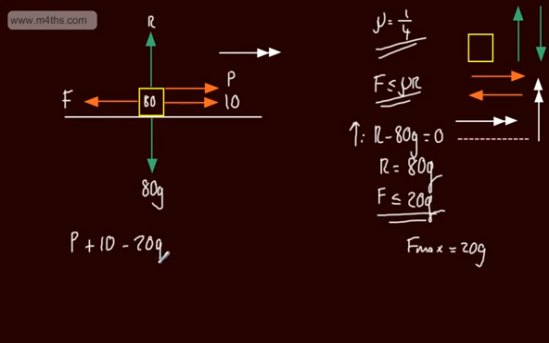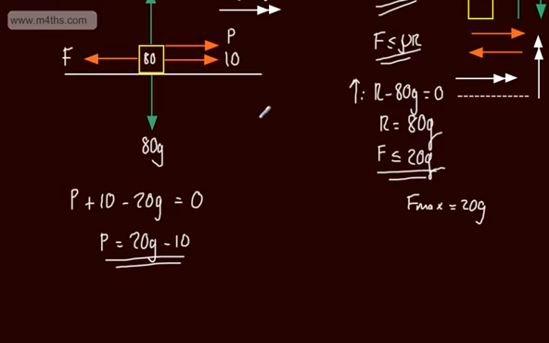P plus 10 minus 20g is going to be equal to 0. That's the point of limiting equilibrium. So P would be equal to 20g minus 10, and that would be the force required. If P was any greater than this, then we're going to have some positive acceleration in this direction, and that would be a meters per second squared.